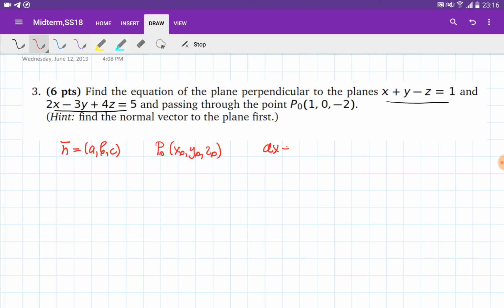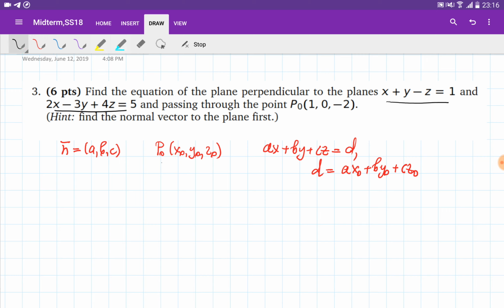It's going to be ax plus by plus cz is equal to d, where d is obtained by multiplying a by x0, b by y0, c by z0, and summing them.